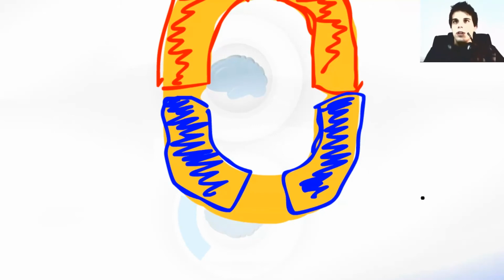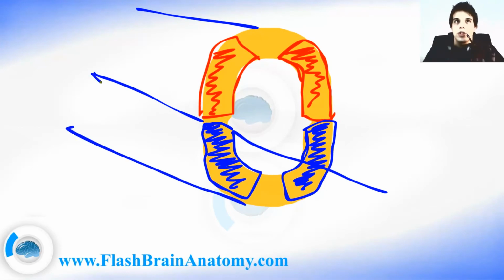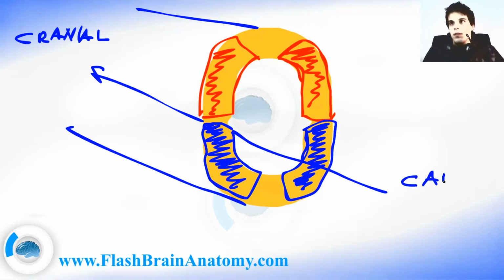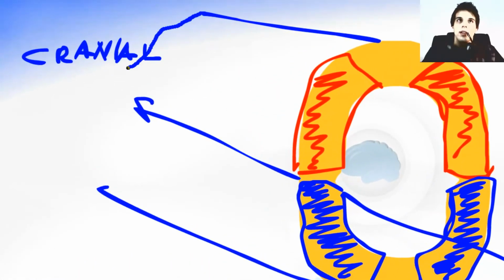Now, if we look at the neural tube from this direction, and the neural tube continues on to go like this, let's say this is the cranial direction, and this over here was the caudal direction. Now the neural tube continues on to go like that, and at the end it remains open.